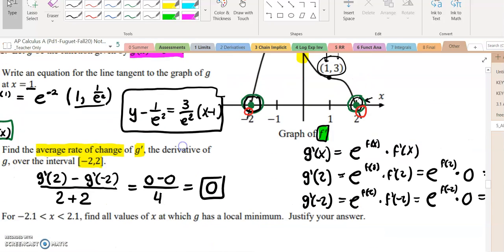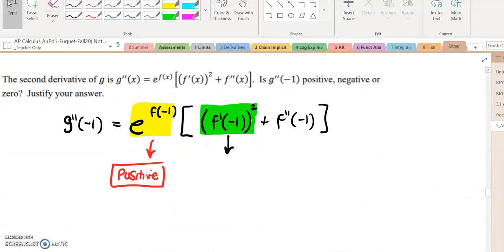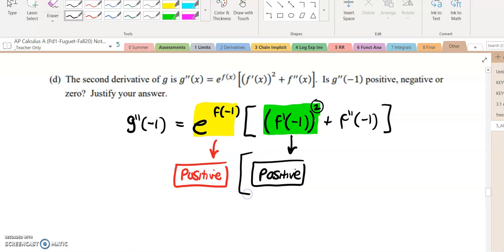And the reason why, we're going to look back up at the function here. At negative 1, the value of f prime is going to be above the x-axis. So because it's above the x-axis, it's going to be a positive value. And then, of course, it doesn't even actually matter because we're going to square it anyway, which will still make it positive regardless. But I still wanted to show you up in the graph just in case, okay?